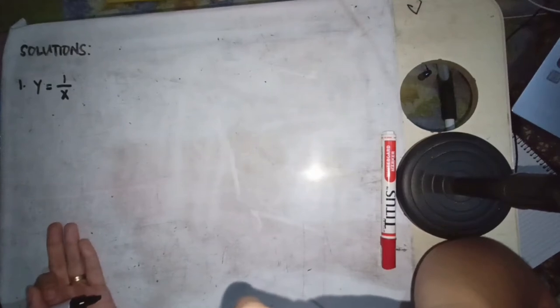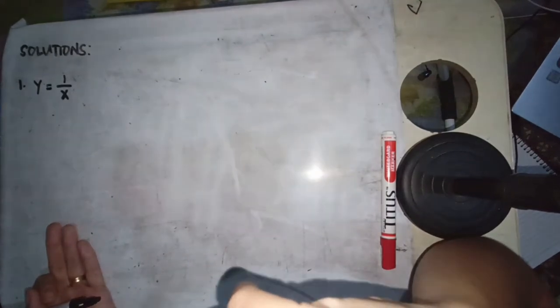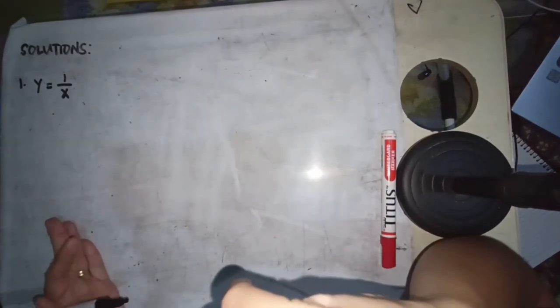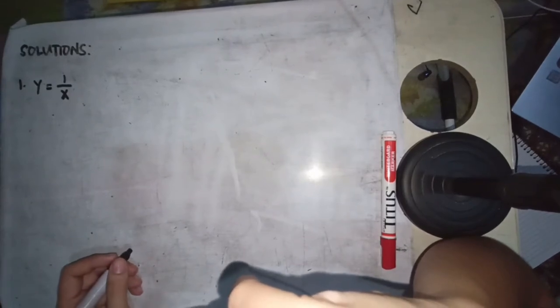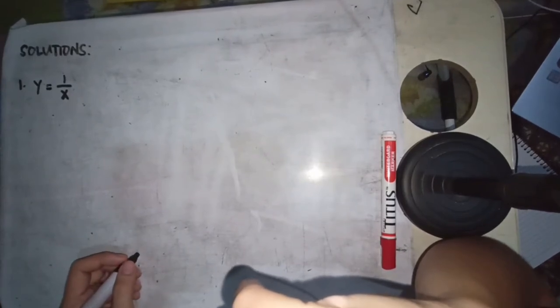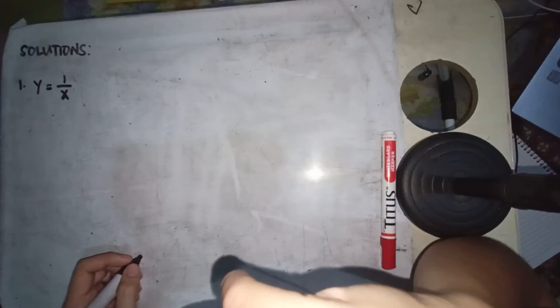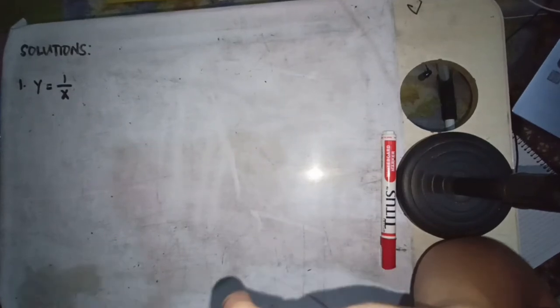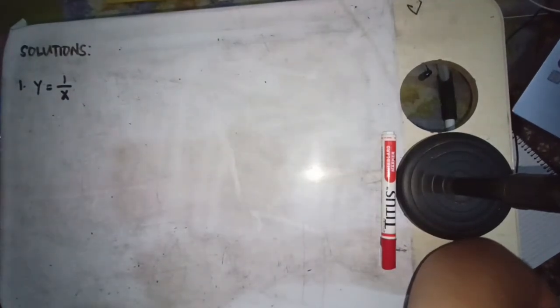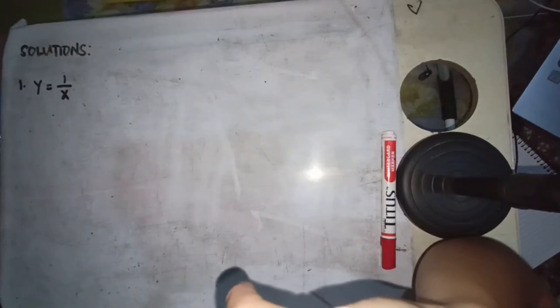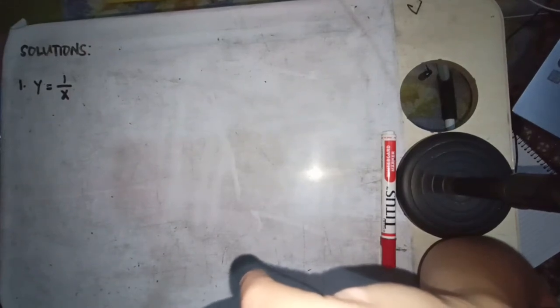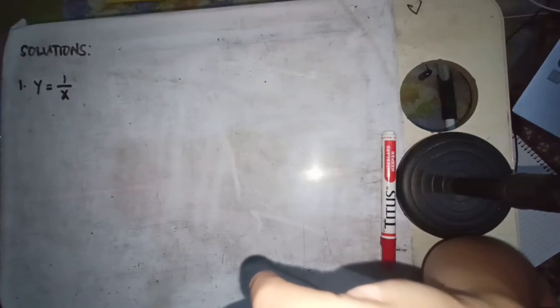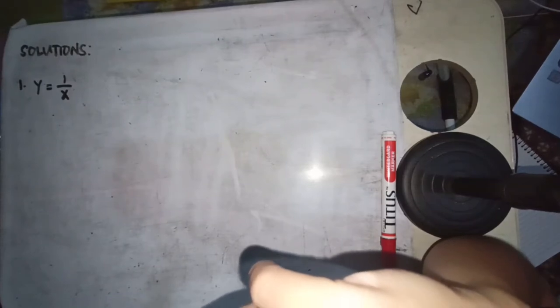First, if the degree of our numerator is less than the degree of the denominator, then the horizontal asymptote will be y equals 0. Second, if the degree of our numerator is equal to the degree of our denominator, then the horizontal asymptote will be y equals the ratio of the leading coefficients of the numerator and denominator.